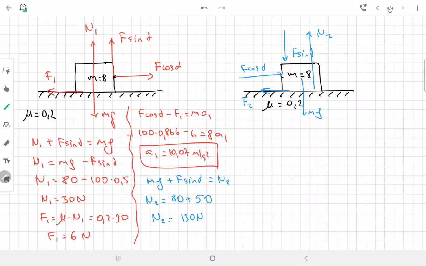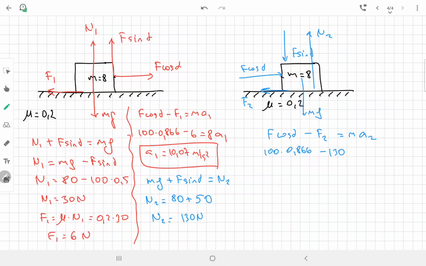And it can move in horizontal direction. So force times cosine alpha minus friction force can be equal to M A2. 100 times cosine 30, 0.866, minus friction force, it maximum, of course, it can be equal to 130 maximum.